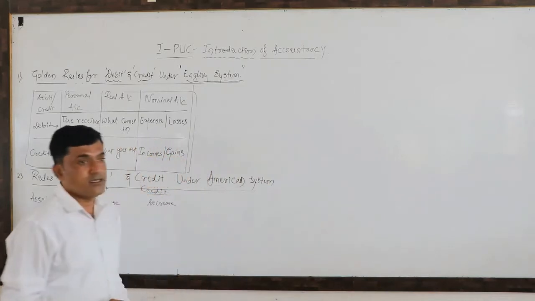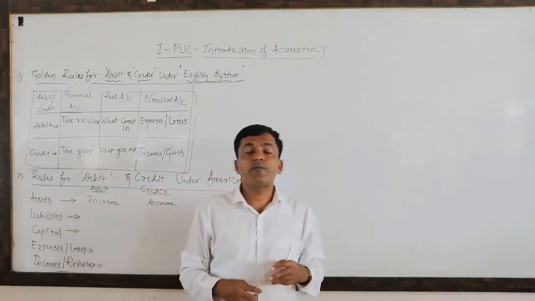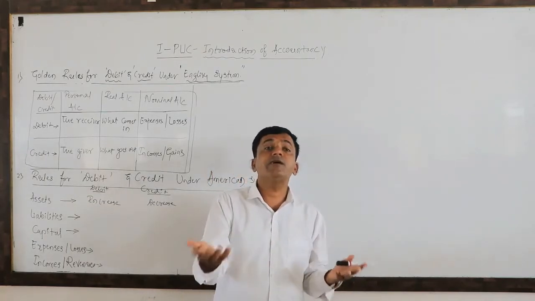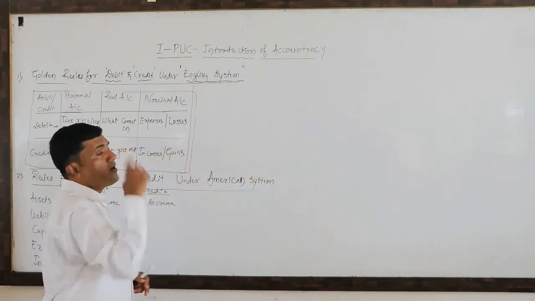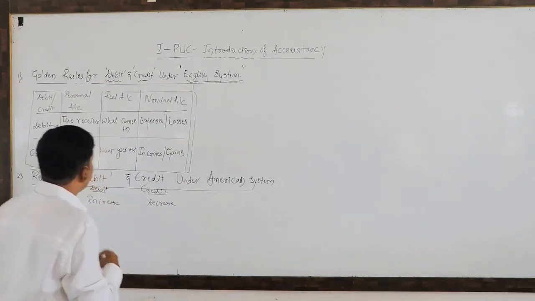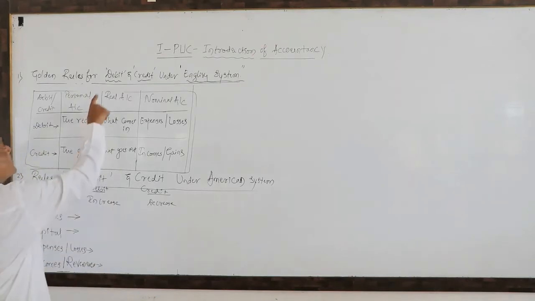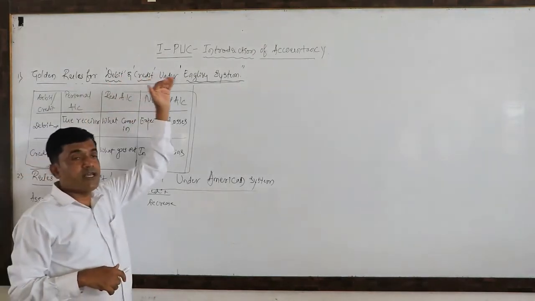Lastly, there is the nominal aspect, whether expenses or losses, or incomes or gains. Like this, there will be twofold aspects for every transaction, so we need to say debit for one aspect and credit for the other.